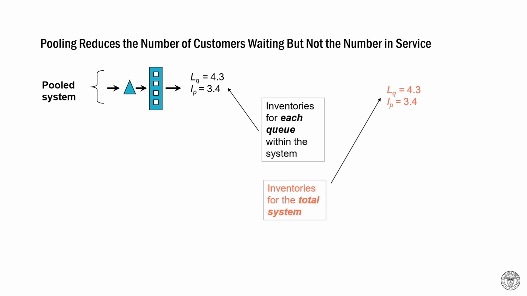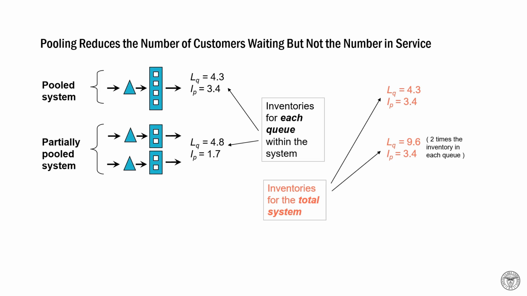In a pooled system with one queue served by multiple servers, we see inventories of 4.3 customers in the queue, LQ, and 3.4 customers in service, IP, both for each queue and for the total system.